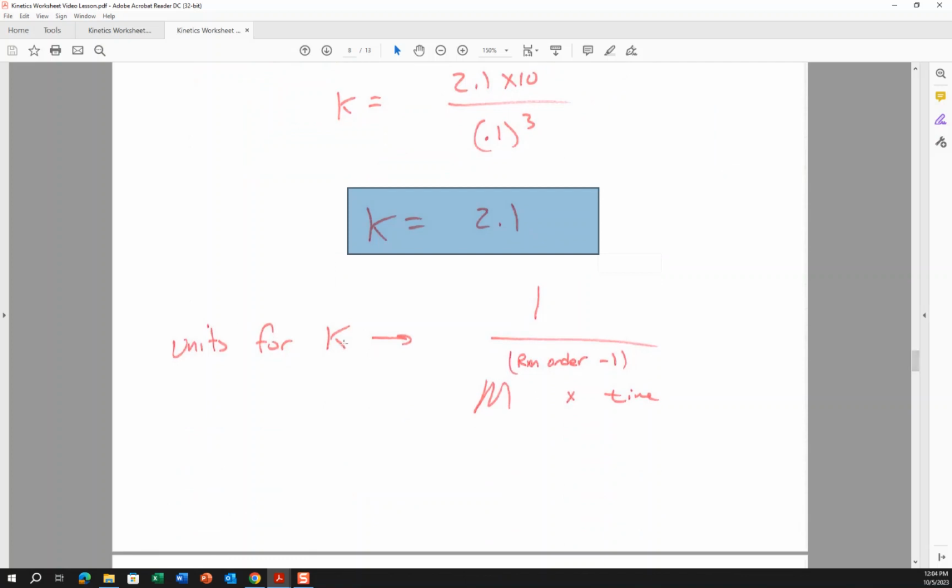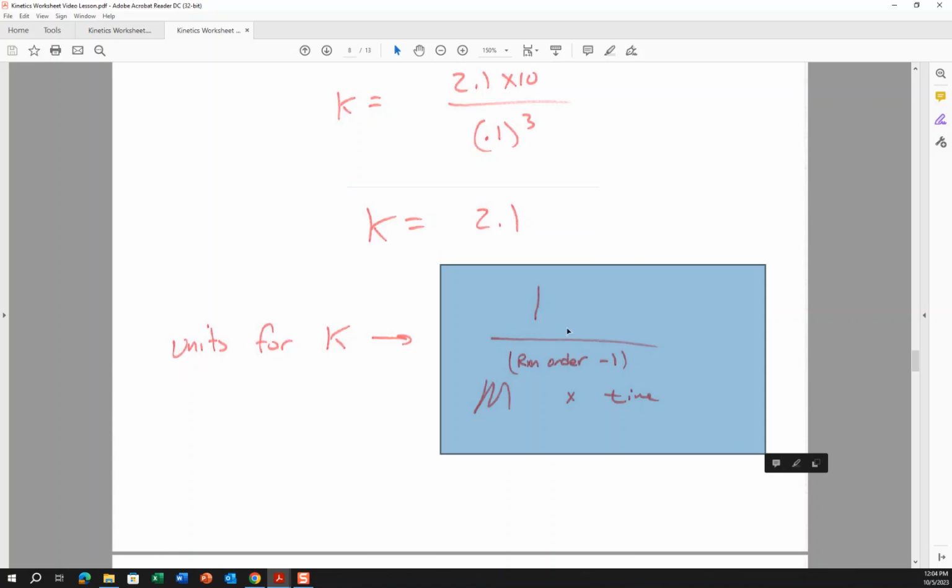For kinetics, a shortcut to remember the units of the rate constant is that the units of K will be 1 over molarity, but molarity will be raised to the reaction order minus 1. So whatever the reaction order is minus 1, you're going to raise molarity to that power. So it'll be like 1 over molarity squared, or 1 over molarity cubed, or it might just be 1 over molarity, and then times the unit of time.